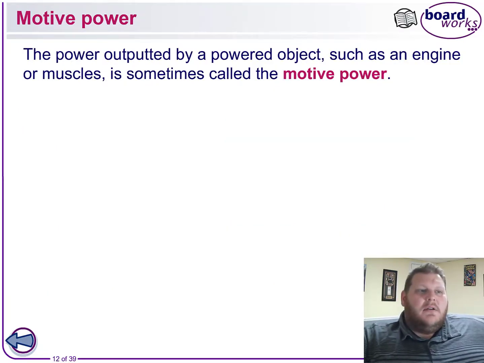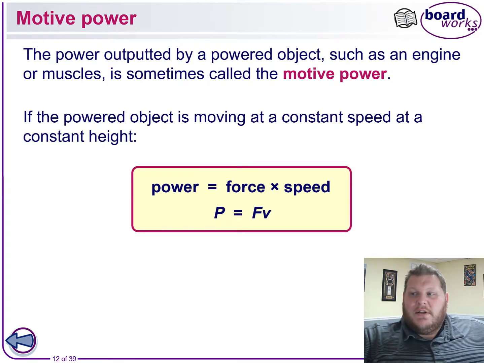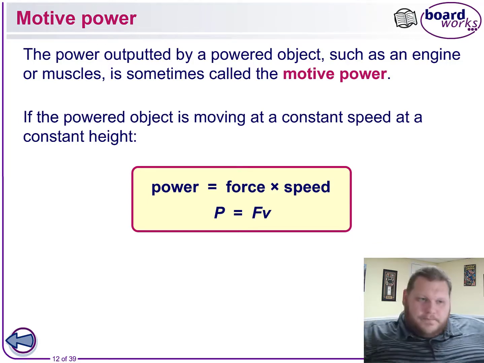Next section here, the power outputted by a powered object, such as an engine or muscles, is sometimes called motive power. If the object is powered at a constant speed, at a constant height, then we can just talk about its power being the force that it's exerting times the speed it's traveling at.